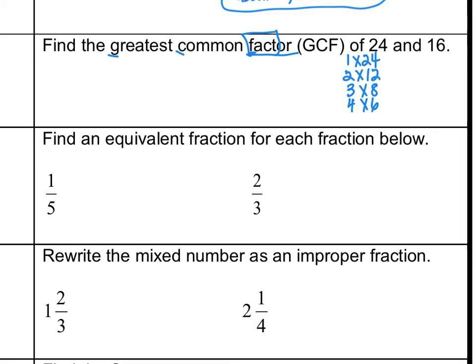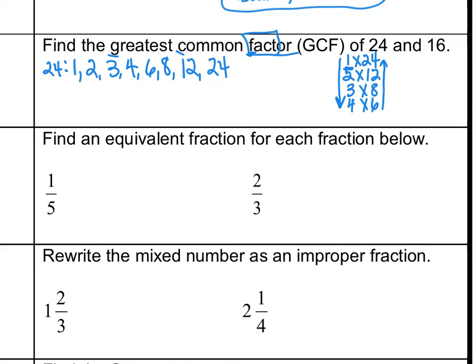And we don't have a 5. And then we start again with the 6, and we go up this side. So when we list them, we're going to go down this column and up this side and list them in order from least to greatest. So I start with 1, 2, 3, 4. Then I skip to 6, 8, 12, 24.